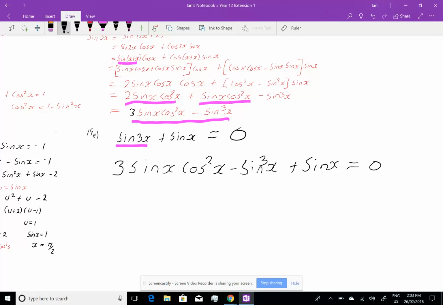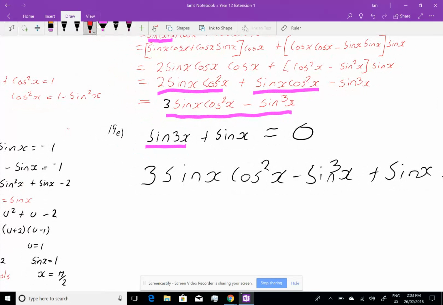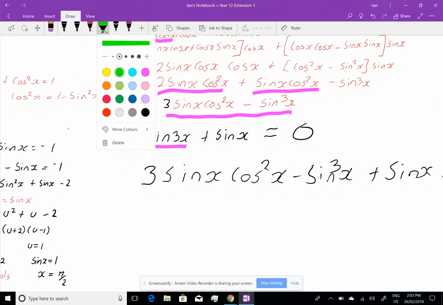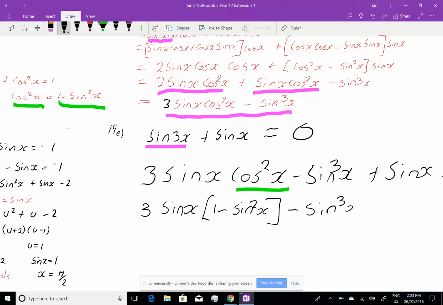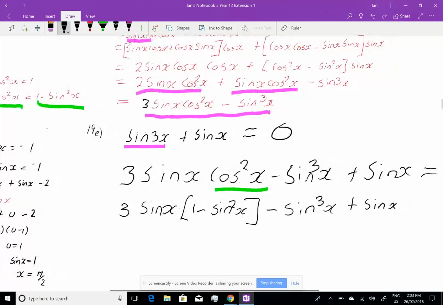But remember over here, cos squared x equals 1 minus sine squared x. I'm going to substitute this in here. So I'm going to get 3 sine x by 1 minus sine squared x minus sine cubed x plus sine x, and all that equals 0.